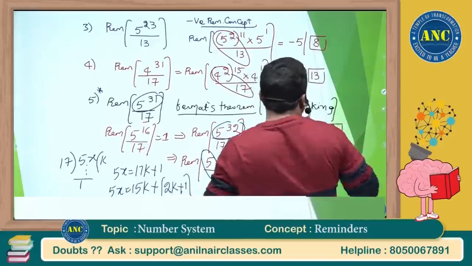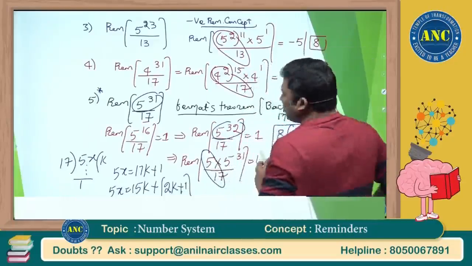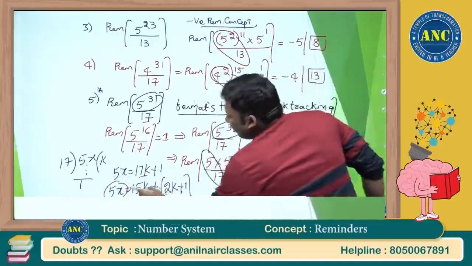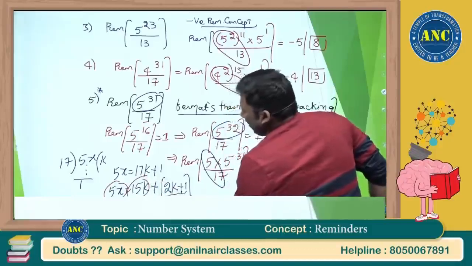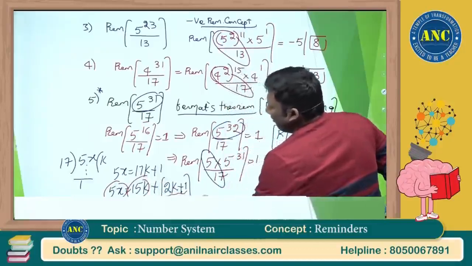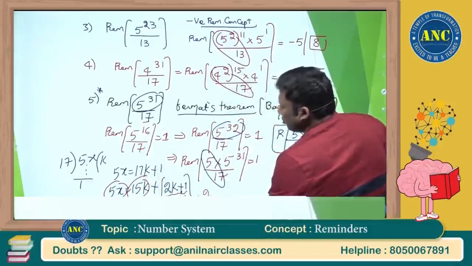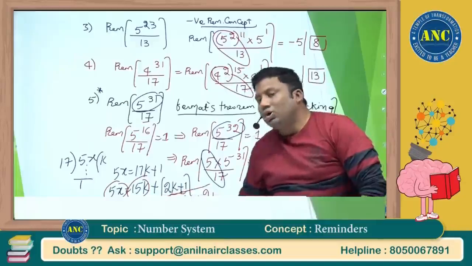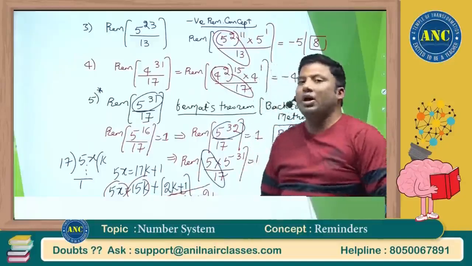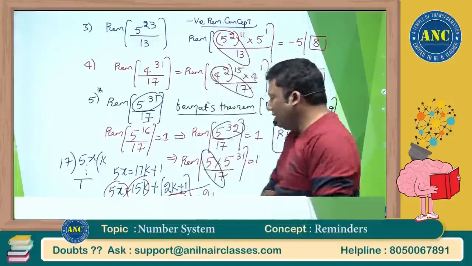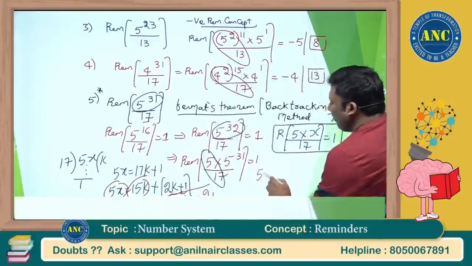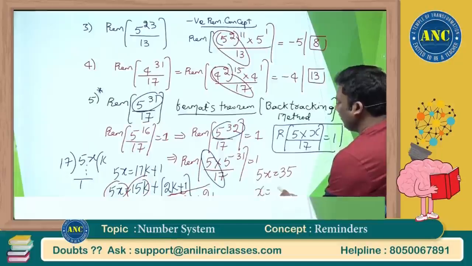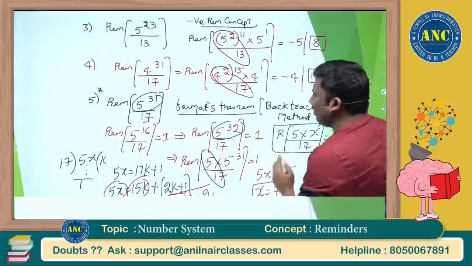These are divisible by 5, 15k is divisible by 5, so 2k plus 1 should be divisible by 5. So k minimum has to be 2. Why? Because 2k plus 1 is equivalent to 5, 2k is equivalent to 4, k is 2. With k minimum 2, 5x is 35. X value is nothing but 7.